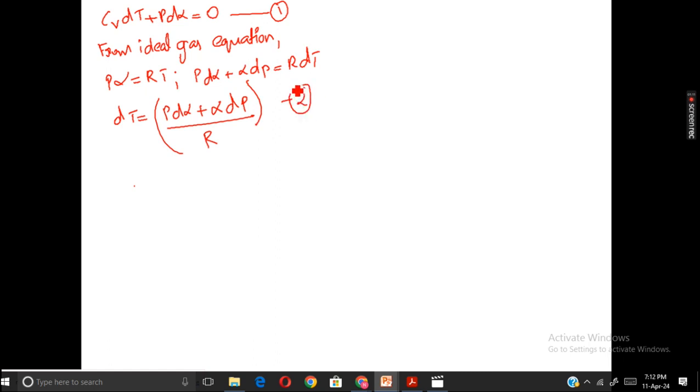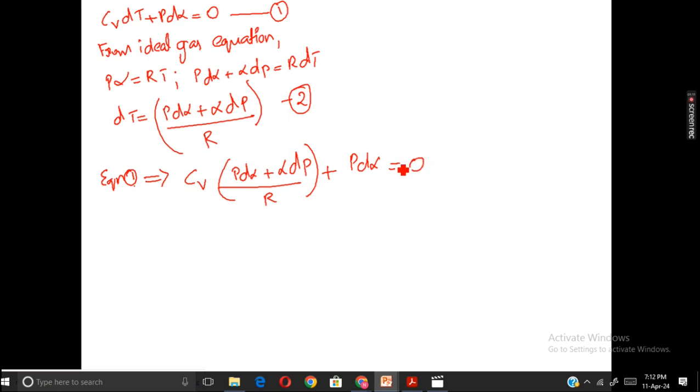Now we substitute the value of dT in the first law of thermodynamics for an adiabatic condition. In that case, equation 1 will become Cv into (P d alpha plus alpha dP) by R plus P d alpha is equal to 0.